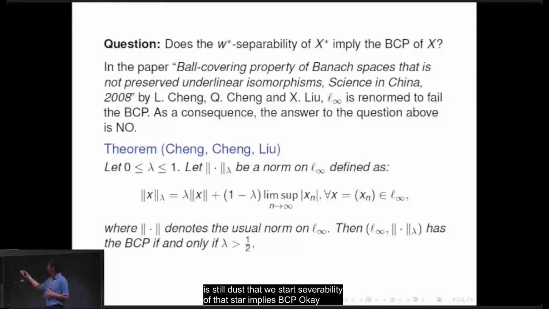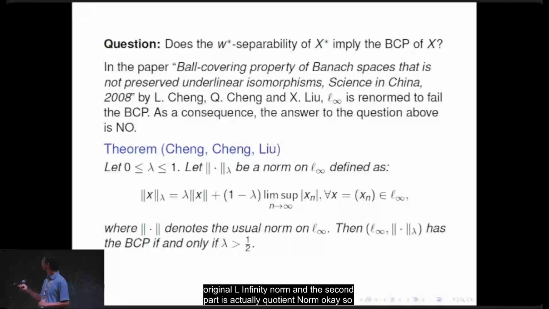The following result is actually a renorming result, but it shows that the answer to the question is no. Let's look at the theorem. If you choose any lambda between 0 and 1, then you have a renorming of little l infinity in the following way. The first part is just the original l infinity norm, and the second part is the quotient norm, the lim sup of the coordinates.